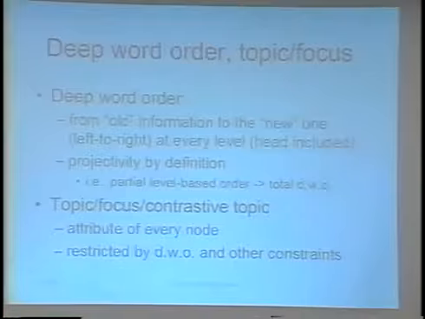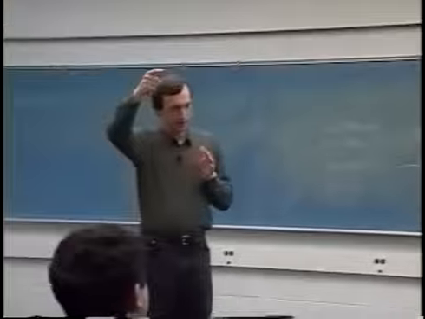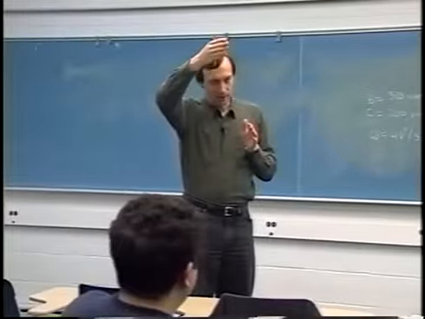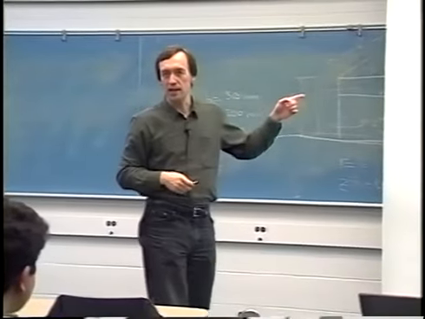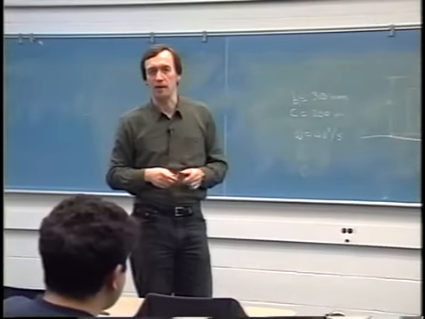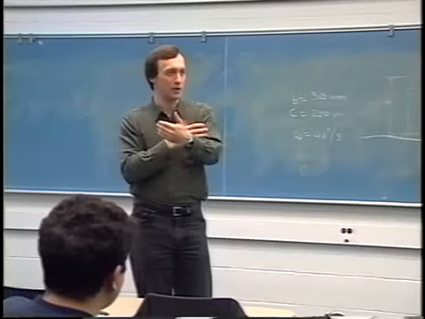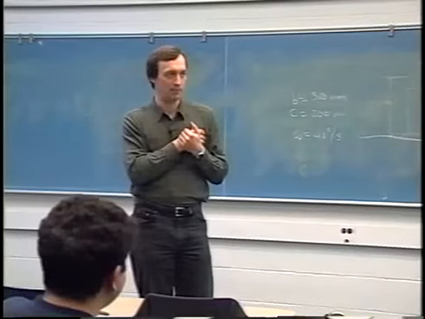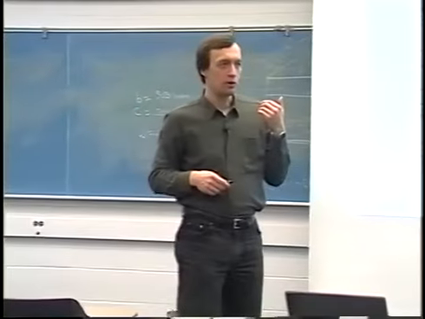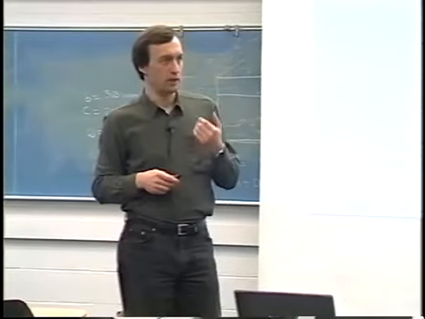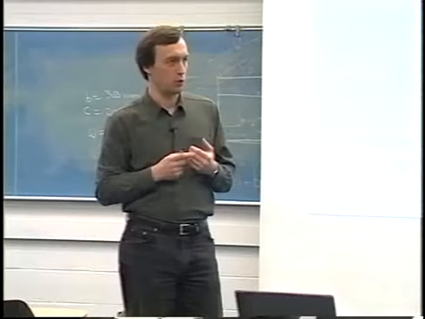A dependency above which you have some node that, if it's projected, crosses the dependency link. If we do this, we believe this doesn't happen anymore. So it doesn't happen that the old information will cross with the new one in this respect. Of course, that way we get rid of the original word order. So the deep word order is really the information order. It has nothing to do with the surface word order.